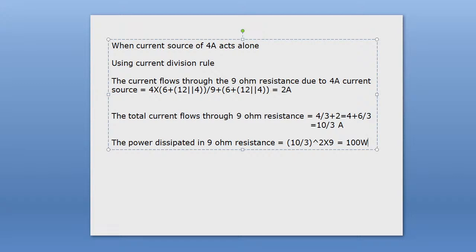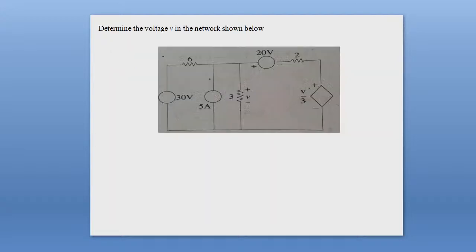Now I will show you another problem where the circuit consists of dependent as well as independent sources. Okay, dependent and independent sources. So you can solve circuit theory problems using the superposition theorem for a circuit consisting of only voltage sources, or current sources, or even both.